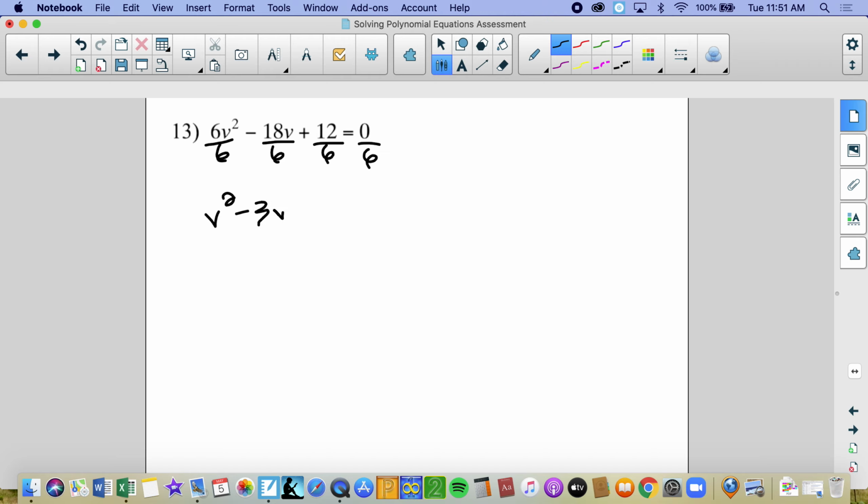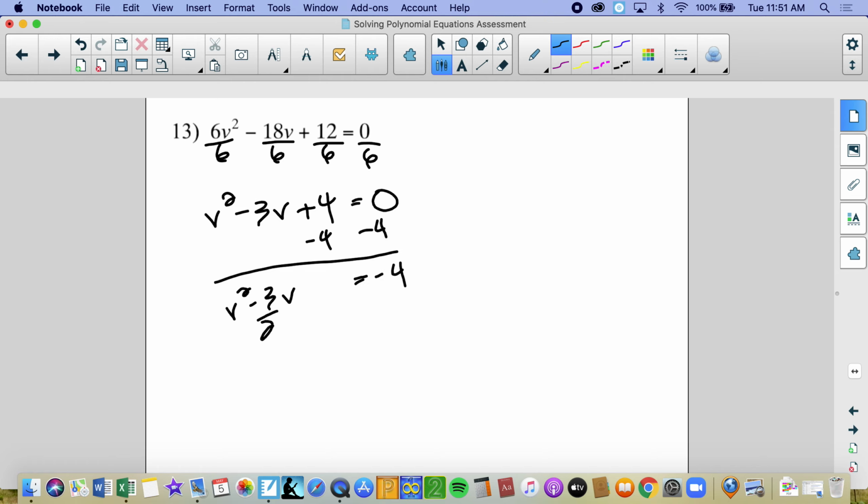Minus 3v plus 4 equals 0. Let's move the constant over. Let's take half and square, which gives me 9/4.